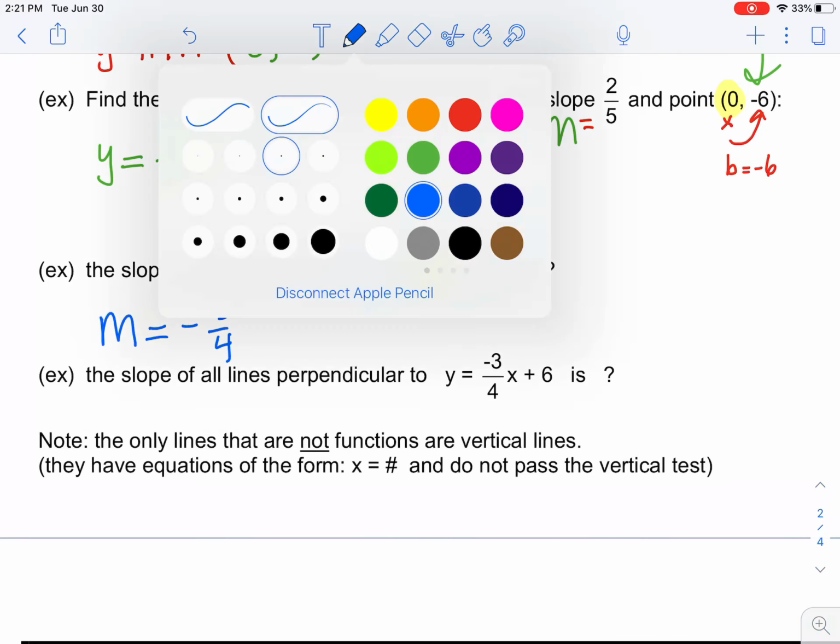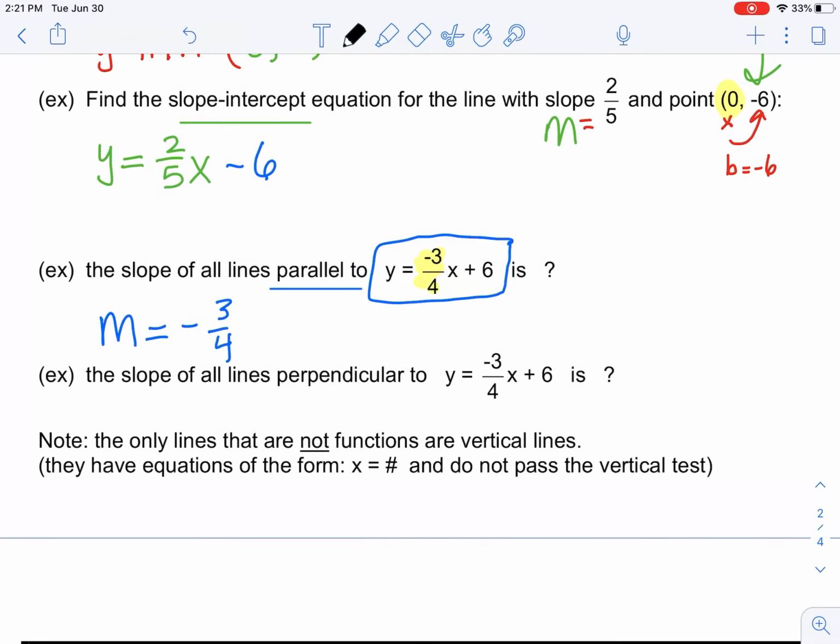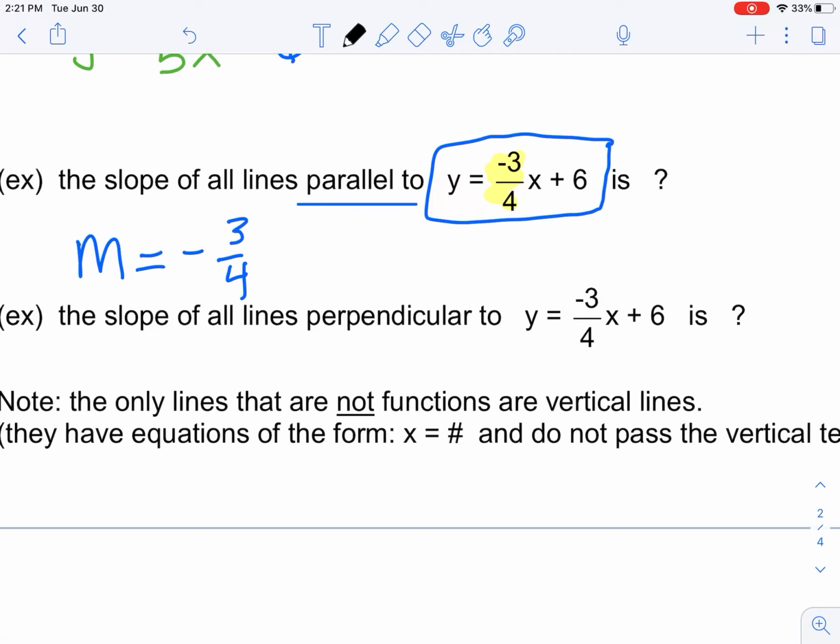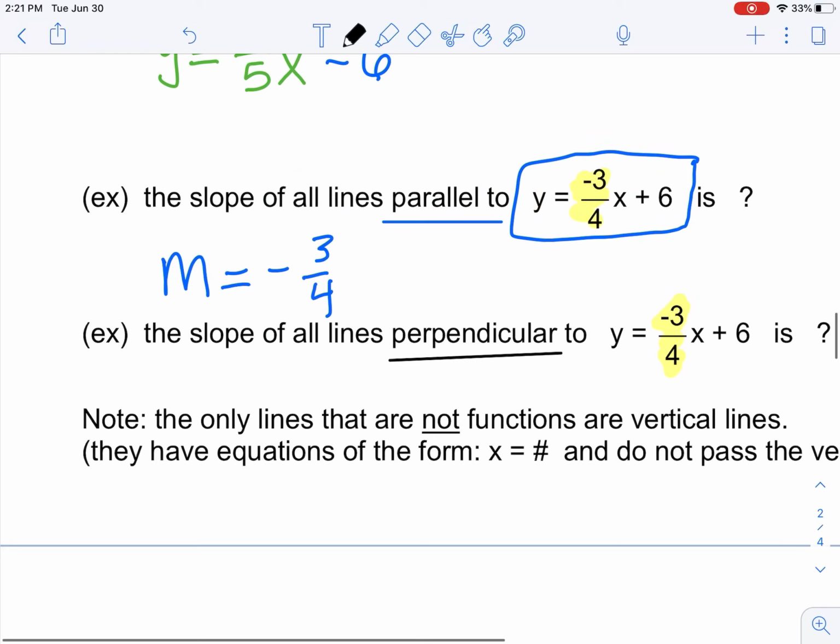If lines are perpendicular, then they're going to be opposites and reciprocals. So this happens to be the same one I talked about in the opening activity.